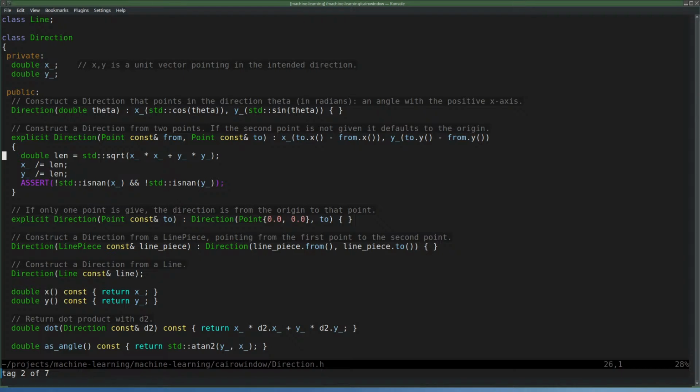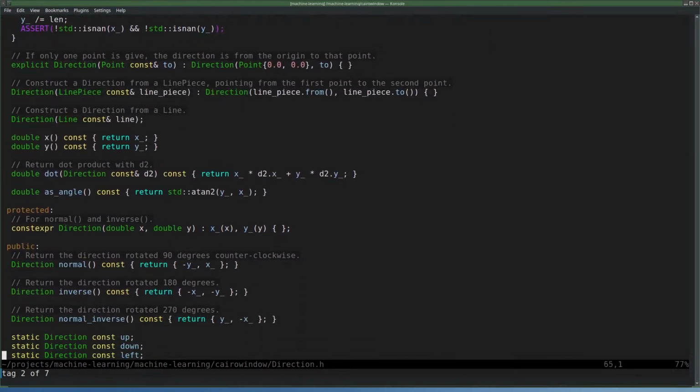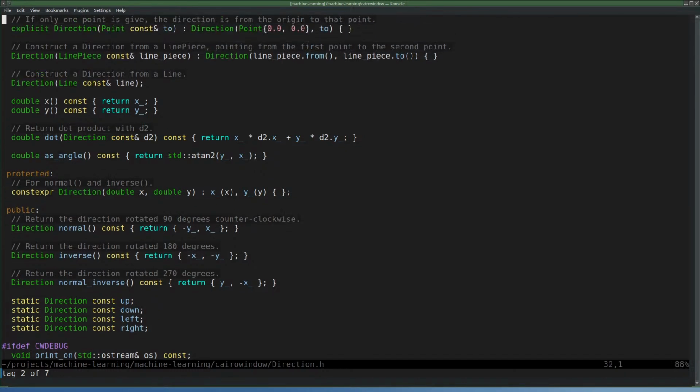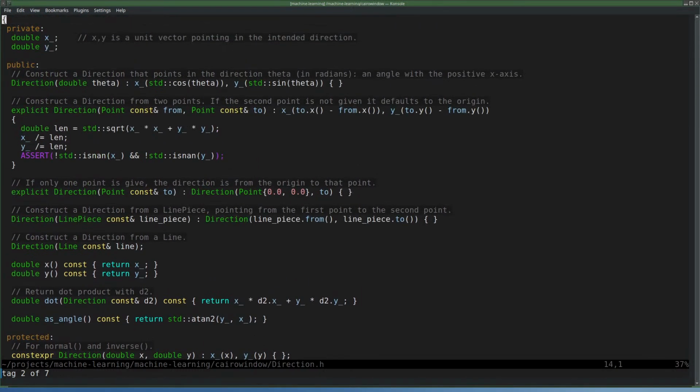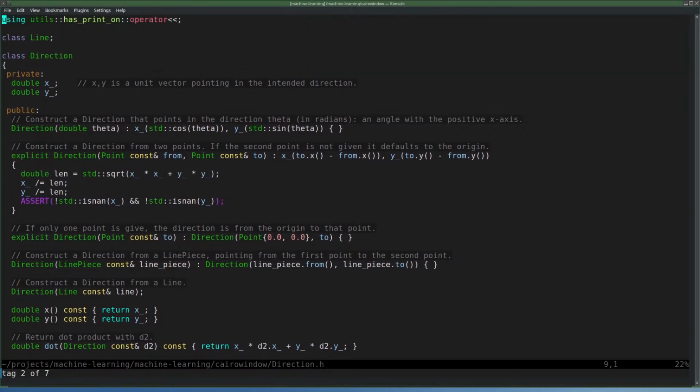This is the only one that divides it by the length. Yeah. From to.